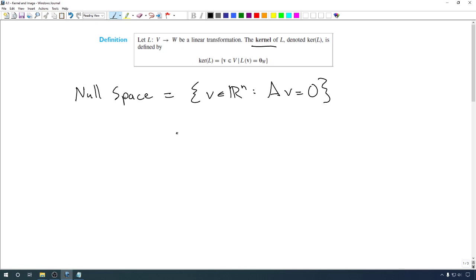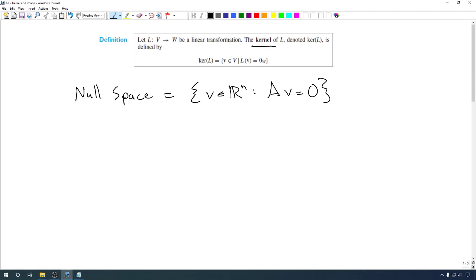This is exactly the same concept, but we're looking at it in more generality. We're looking at any linear transformation. Basically, the null space is just a specific example of a much broader context. We'll look at some examples of computing the kernel of a linear transformation in a moment.